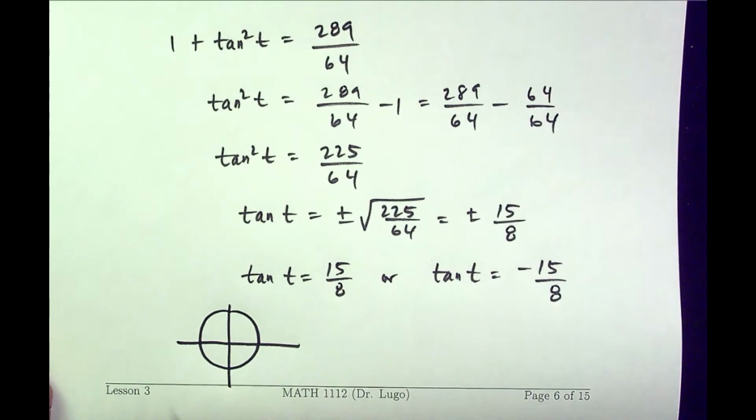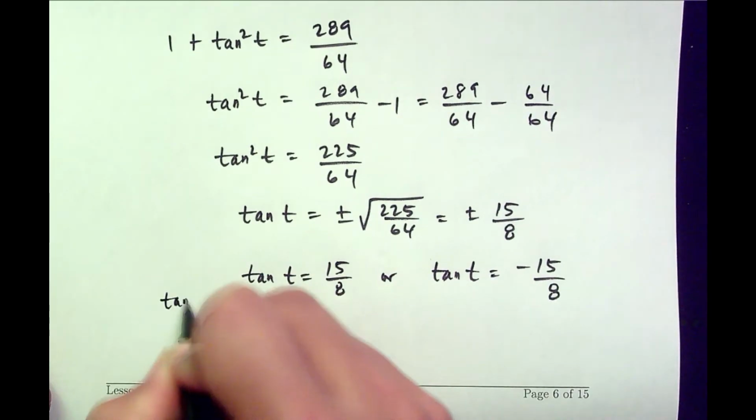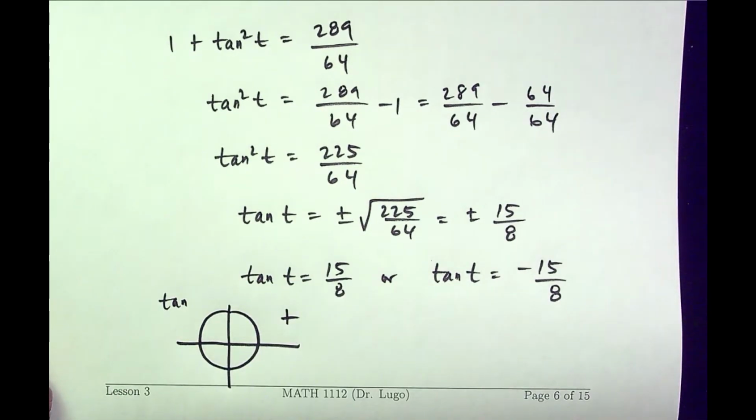So you have to think in which quadrants, what is the sign? If I know that the angle is in the first or second quadrant, what is the sign of tangent in those quadrants? Tangent will be positive here because both coordinates are positive here. Both sine and cosine are positive here. And since tangent is sine over cosine, positive divided by positive is positive. So tangent is positive in the first quadrant.